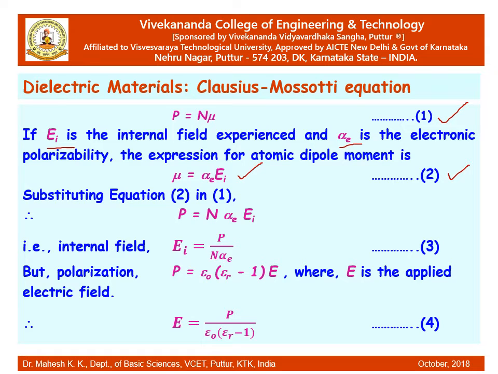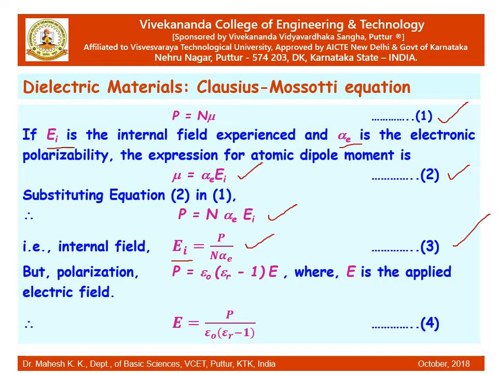Now substituting equation 2 in 1, we get P is equal to n into alpha_e into E_i. By rearranging, you get E_i is equal to P by n alpha_e, where E_i is nothing but the internal field. Let it be equation 3.